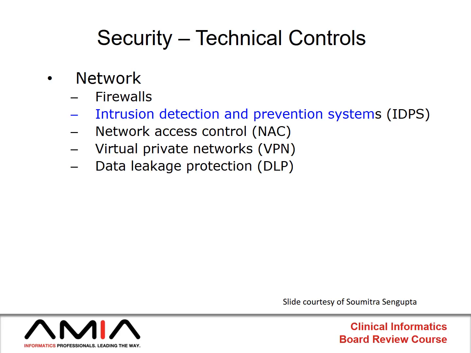Network access control is a way to control who has access to a network, which may be wireless, it may be physical. VPNs we've talked about. Data leakage protection. That is maybe a new term to you.